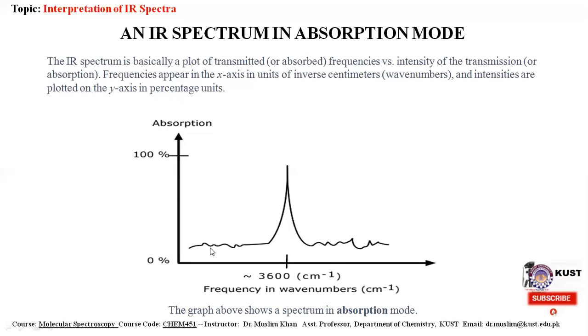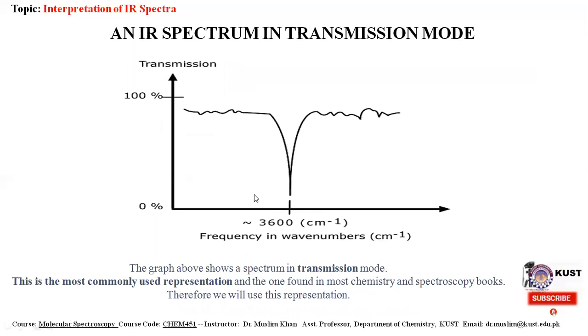So this is the noise of the instrument, and it will go like this, and whenever the sample absorbs something, it will show this intensity of absorption and will show the peak in that specific wavenumber region.